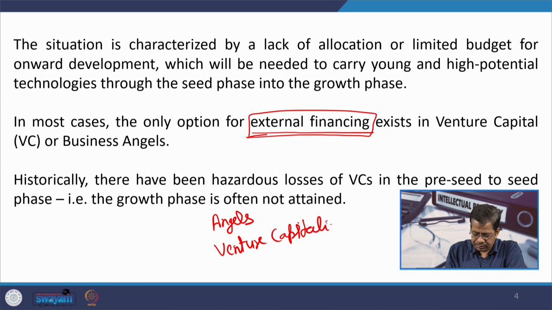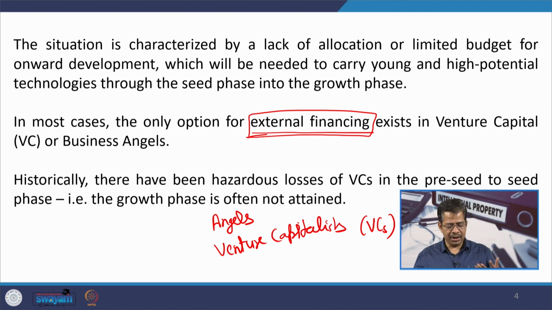We popularly call them VCs. So, angels and VCs will be available to us who will help us by giving the appropriate external funding, so that we can improve the TRL of this technology, we can incubate these IPs in our ecosystem.